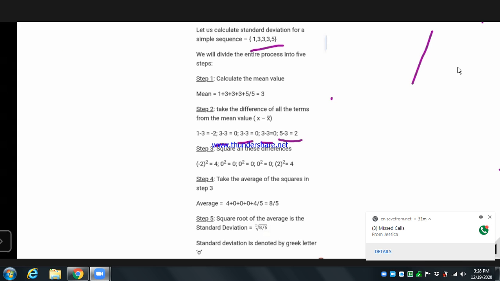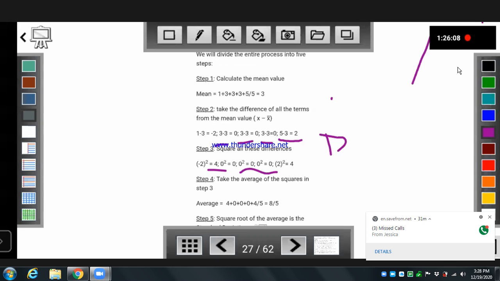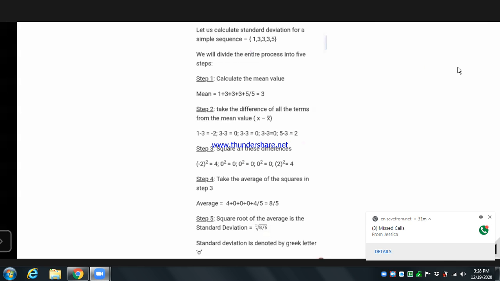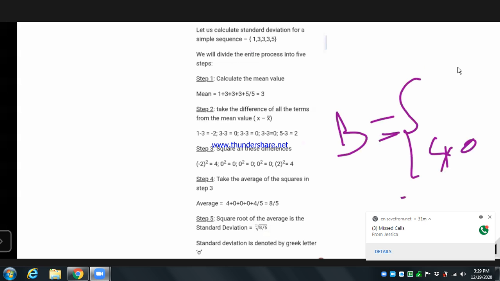The square of minus 2 is 4, the square of 0 is 0, the square of 0 is 0, and the square of 2 is 4. After taking squares, I get a new set of values. Let it be b. b is equal to 4, 0, 0, 0 and 4.